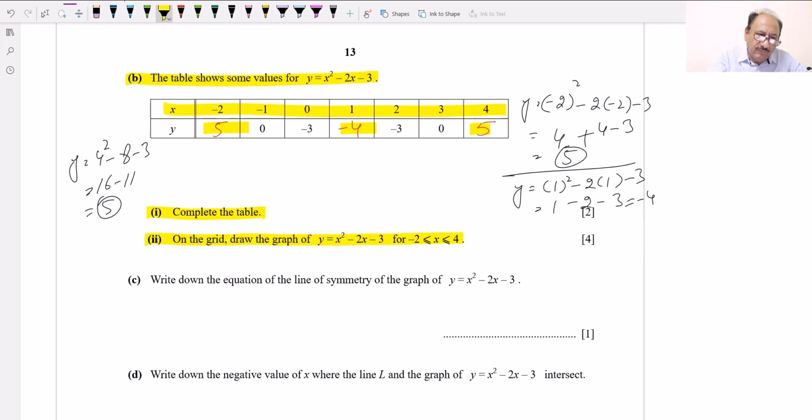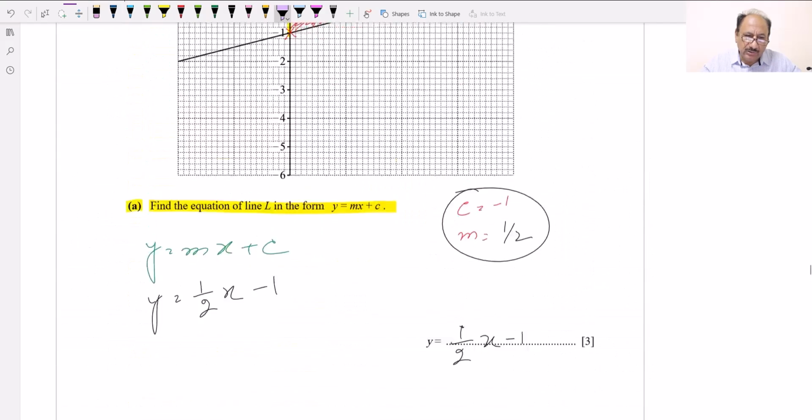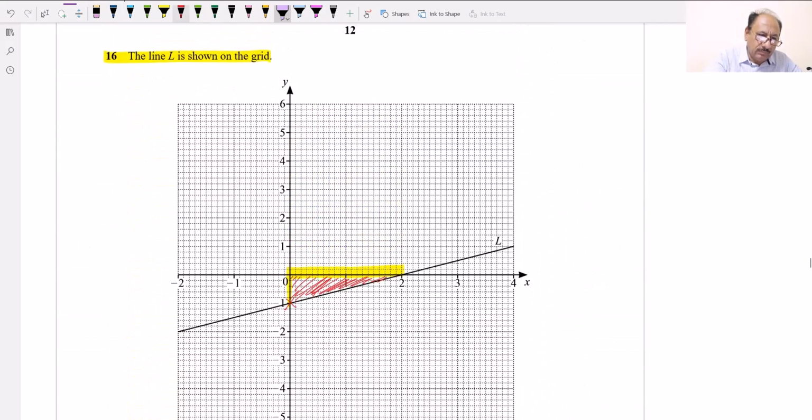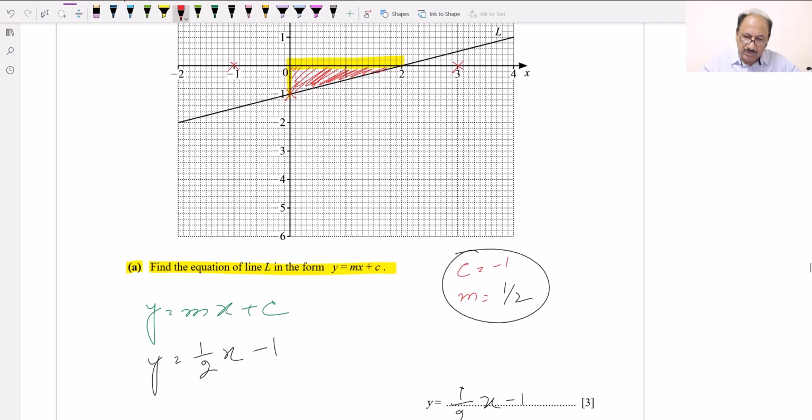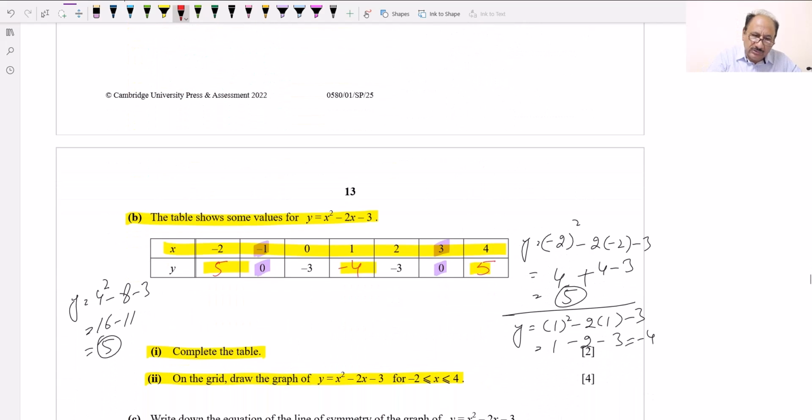If we check, y values are 0 and 0 for x values -1 and 3. So the graph is intersecting at -1 and 3, so we can go to the grid and indicate -1 is this point and 3 is this point. The graph is a quadratic equation, and the coefficient of x square is positive, so it will be opening upward, a U shape.